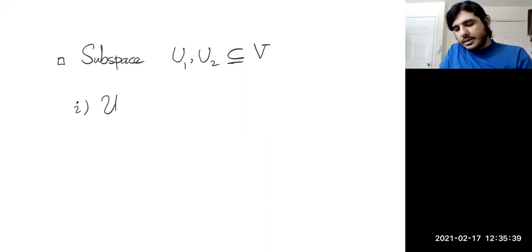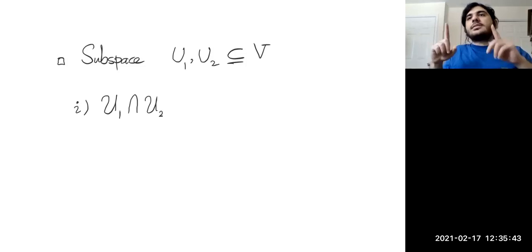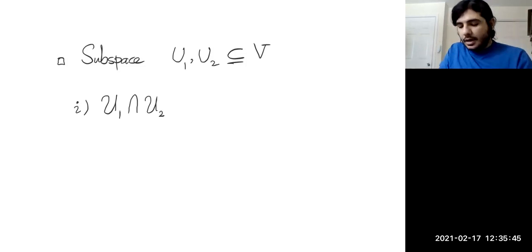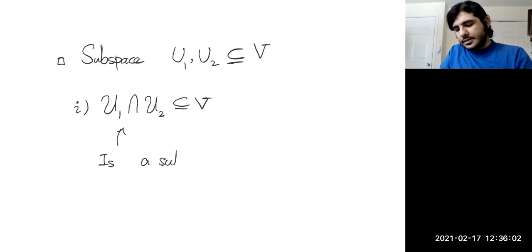One is, consider U1 intersection U2. It means the vectors which are both in U1 and in U2. Is this still a subset of V, right? Is this a subspace of V or not?